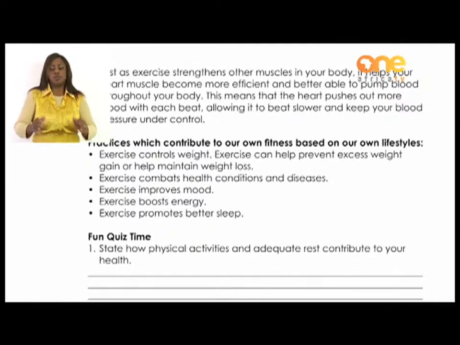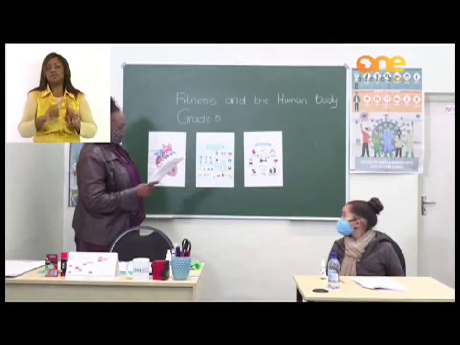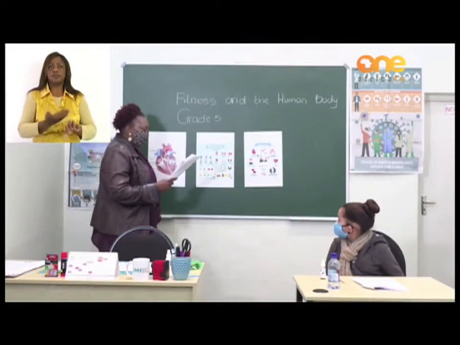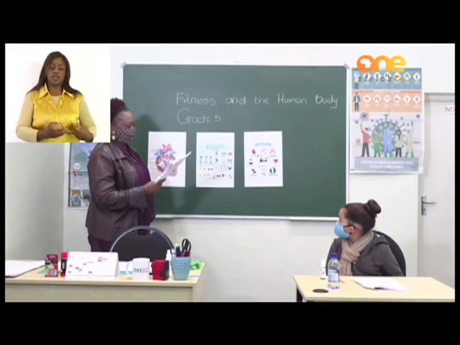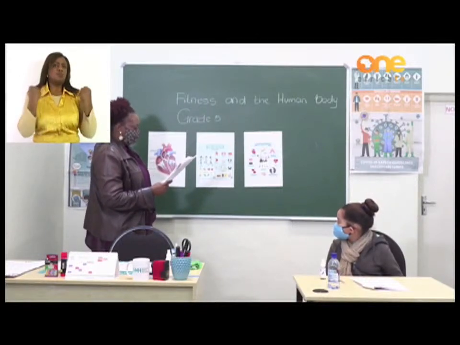This means that the heart pushes out more blood with each beat, allowing it to beat slower and keep your blood pressure under control. Practices which contribute to our fitness based on our lifestyles will be, now I want us to actually turn to the board. Exercise controls weight. Exercise can help prevent disease, excess weight gain or help maintain weight loss.